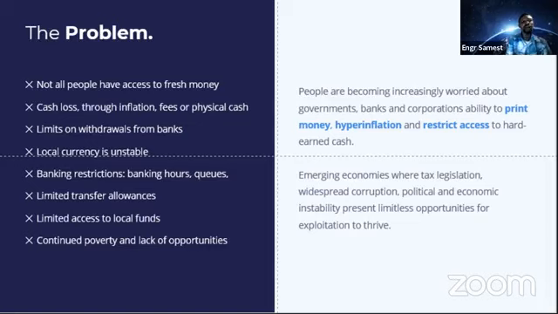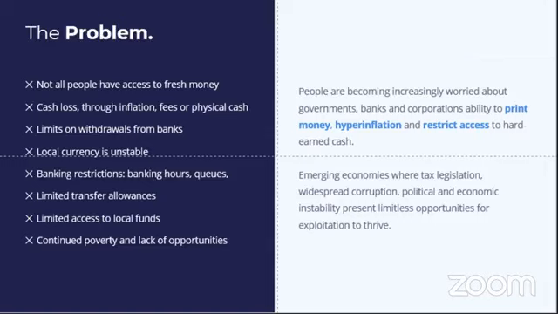Some people lost their money; the money they have in their wallet or pocket has no value. Say you had 100 naira in your pocket or in the bank two or three years ago. What that 100 naira could do three years ago, today it cannot do. Why? Because it has lost its value.